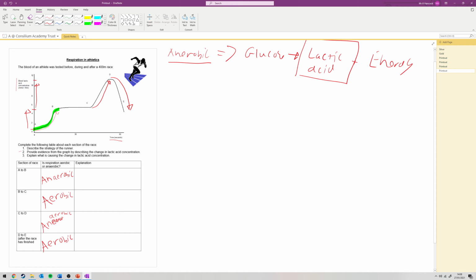So at the start of the race, they were able to push really, really hard. A few seconds in, that supply of oxygen inside their body runs out, and they have to rely on breathing it in, but that's not enough, so they have to respire anaerobically. So this must be the sprint at the start.